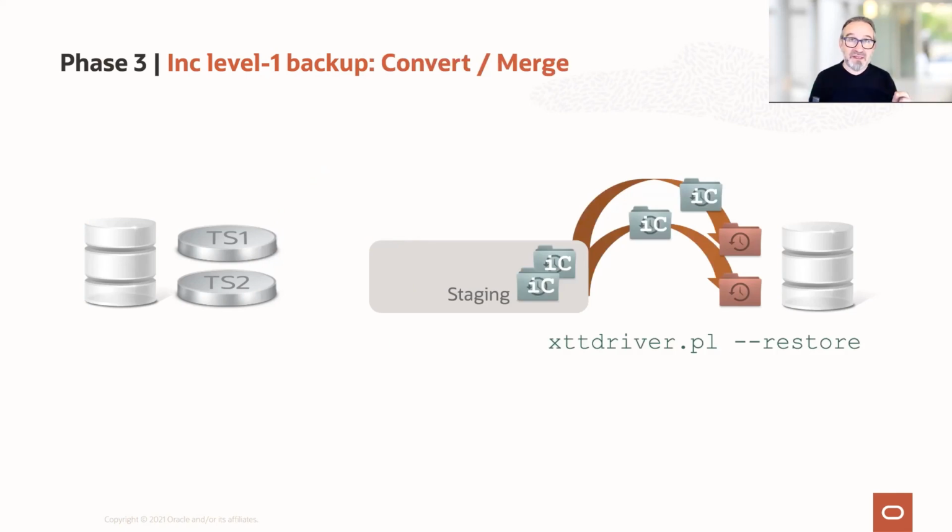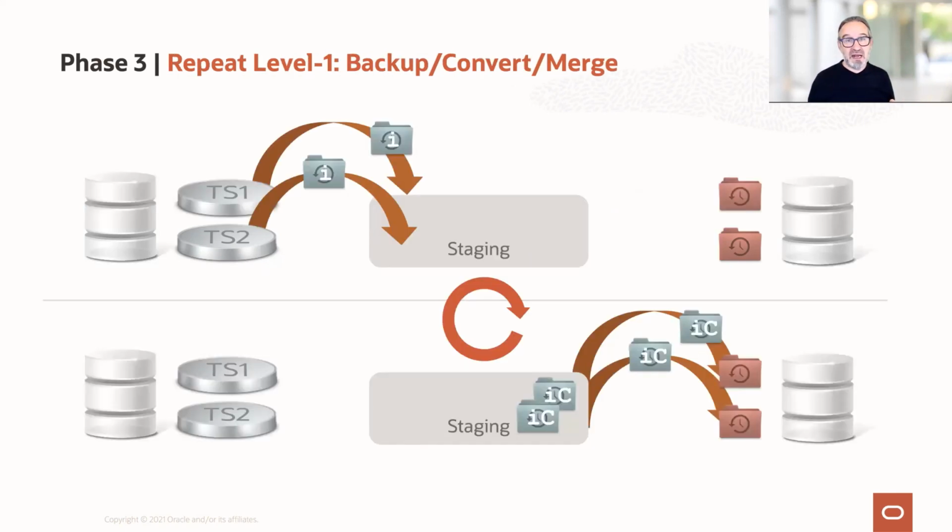Now, the cool thing is, convert happens implicitly, and it will be merged into the existing one. And we can repeat that. So typically, we repeat this a few times, and we increase the frequency. So the more often we do this now, the smaller our backup pieces get. So the idea is increase the frequency, make it run faster.